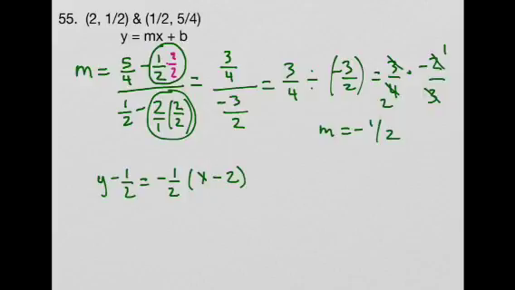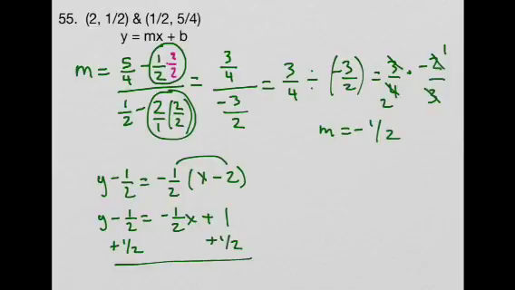Okay, so then distribute the negative 1/2, so you have y minus 1/2 equals negative 1/2 x. And then when you distribute here, the negative times the negative becomes positive, and the 1/2 times 2 becomes 1. So 1, then we're going to add a half to leave y by itself.